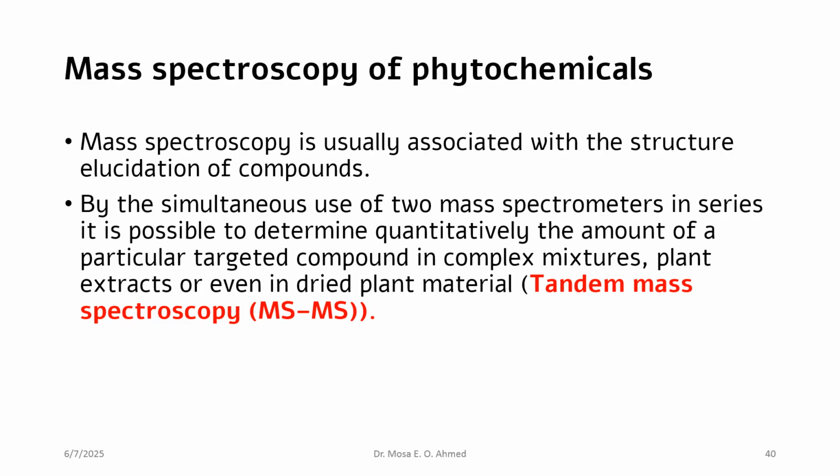An application of mass spectroscopy is in elucidation of phytochemicals. The method is usually associated with structure elucidation of the isolated compound, and in the field of natural product chemistry, the simultaneous use of two mass spectrometers in series is known as tandem mass spectroscopy or MS/MS.